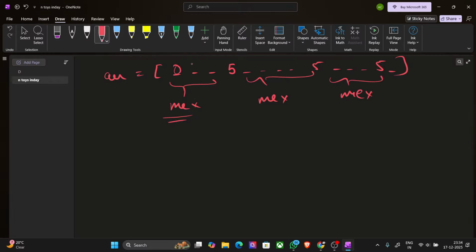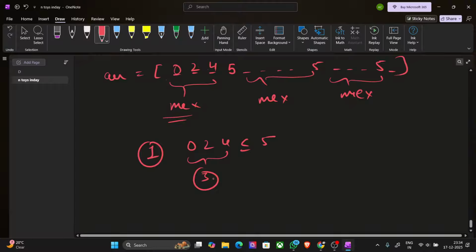Like if this is 1, 2, and 4, then the max will be 1, correct? Sorry, the elements which are present are 0, 2, and 4. All of them are less than 5, so I can count all these elements as 3. So how many elements do I need, which are 1 and 3, to make max equal to 5.